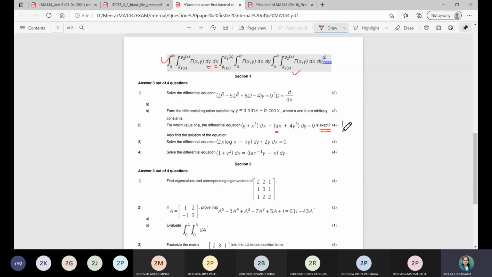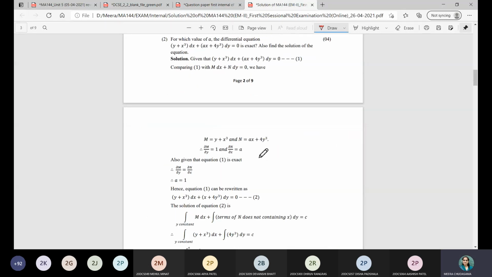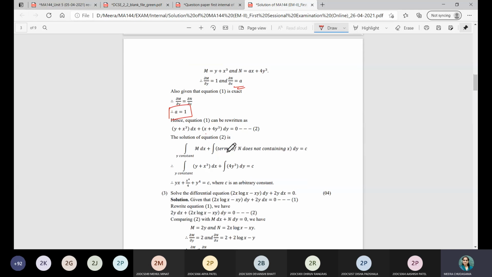When you find the value of a, you will get 1 mark, and the solution of it will carry 3 marks. So those who have not done anything for this part, the marks will be deducted directly, right? So first you have to find the value of a from the exactness condition, right? So a is 1, and then substituting that value you have to find the solution. Since it is exact, you can directly apply the formula and you will have this solution, right?